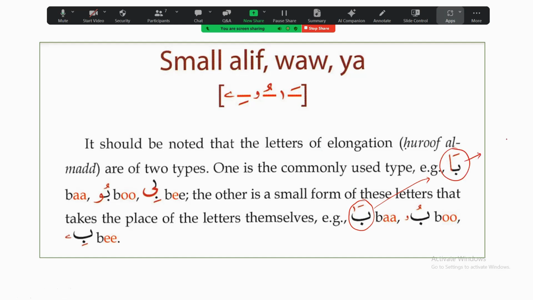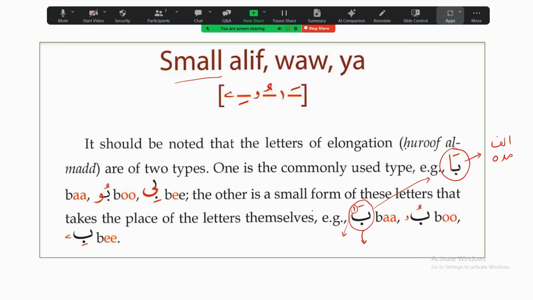Here we called it alif madda, but here we are just saying this is a small alif, or this upright fatha, or this standing straight line below any letter, or you can say this dagger alif as well.